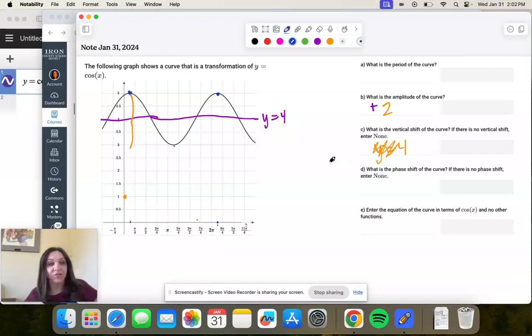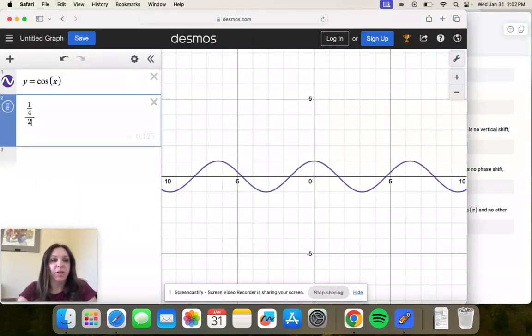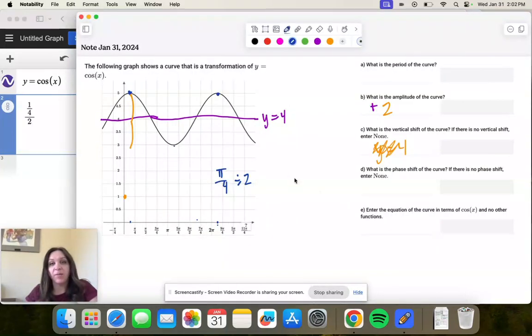What's half of pi fourths? And if you don't know, we're going to divide it by 2. And I'm going to do it without the pi. So 1/4 divided by 2 is 1/8. And now I'm going to add the pi back in. So this value is pi eighths. And this value is 2 pi plus pi eighths.